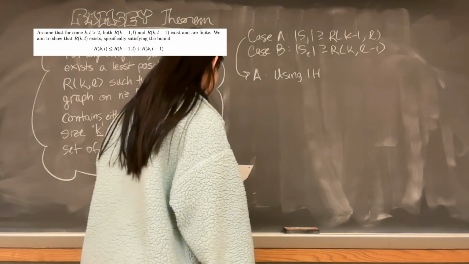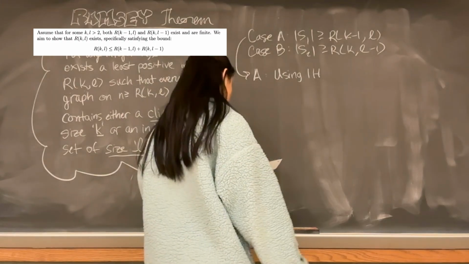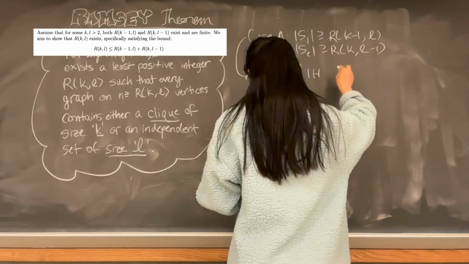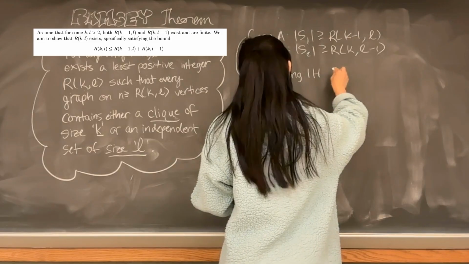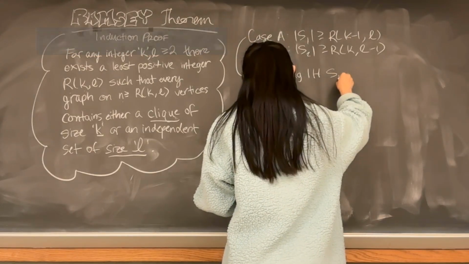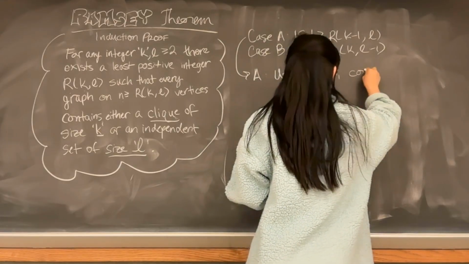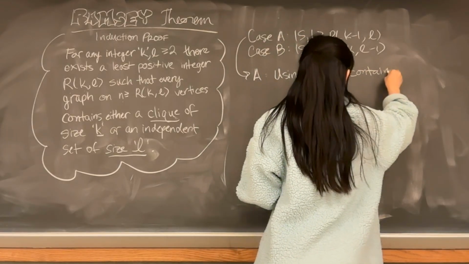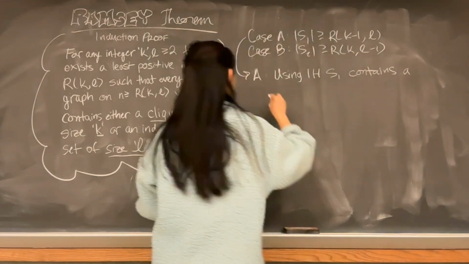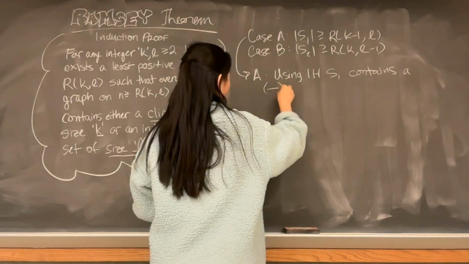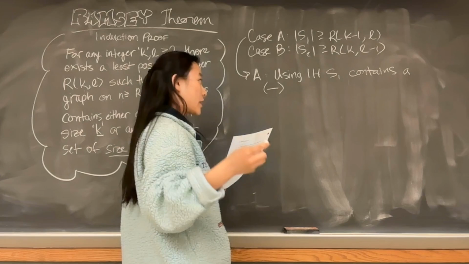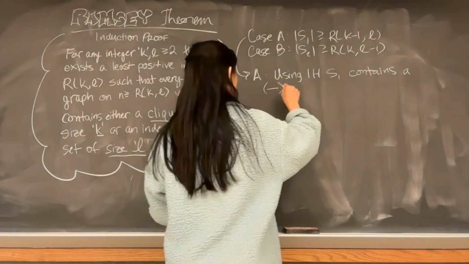So using our inductive hypothesis, we know that S1 contains a solid line clique. That's what we'll call it. Remember how we defined S1 and S2 previously.